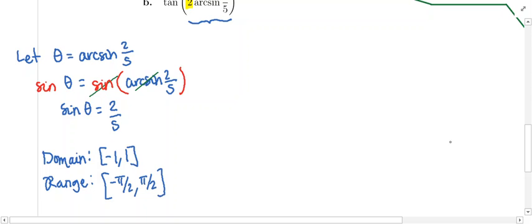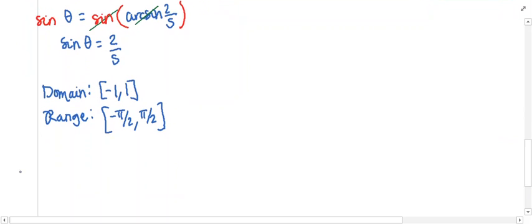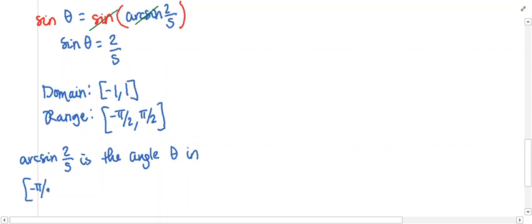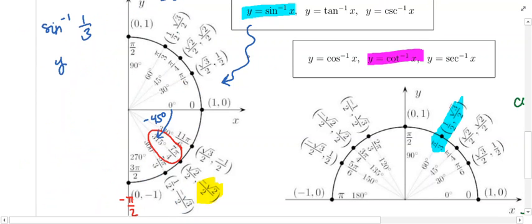So basically, arcsine of 2/5 is the angle theta in the range from -π/2 to π/2 whose sine is 2/5.